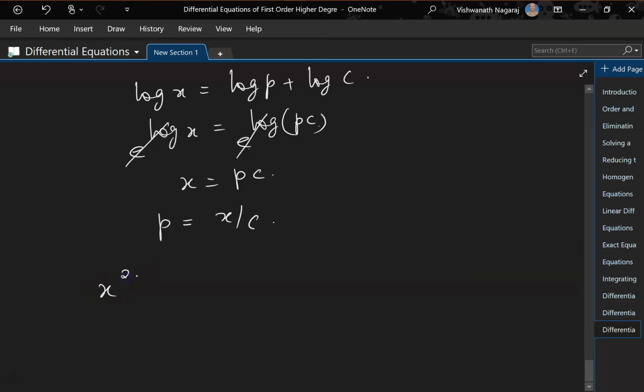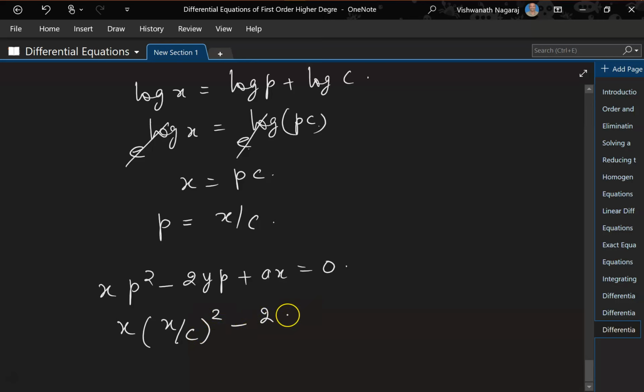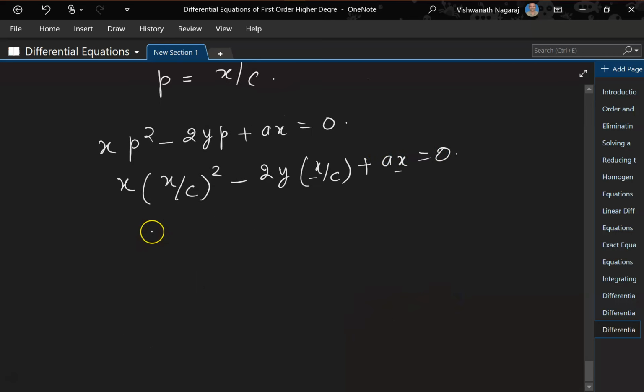So xp square minus 2yp plus ax equal to 0. So x by c square minus 2y x by c plus ax equal to 0. Now this becomes x cube by c square minus 2xy by c plus ax equal to 0.